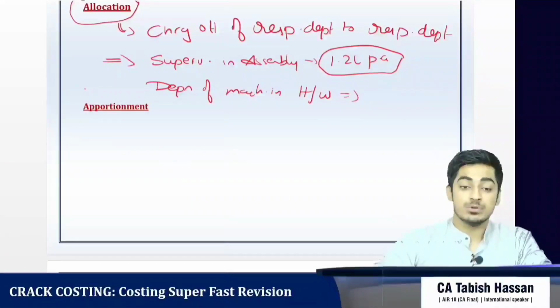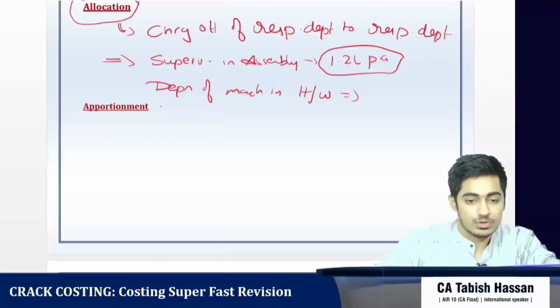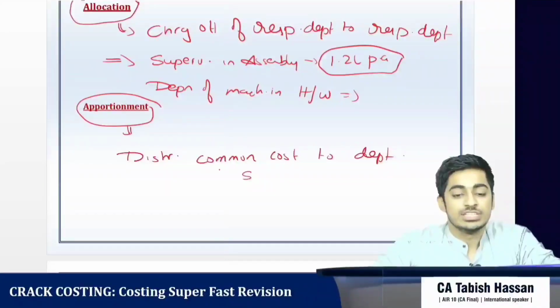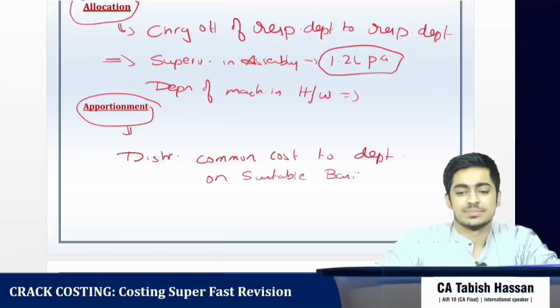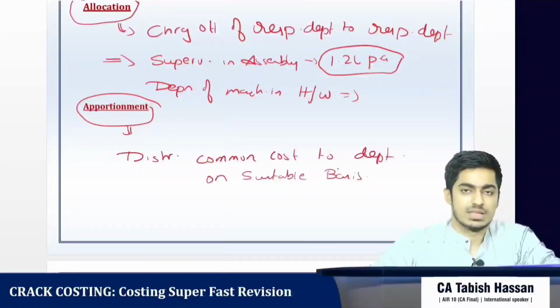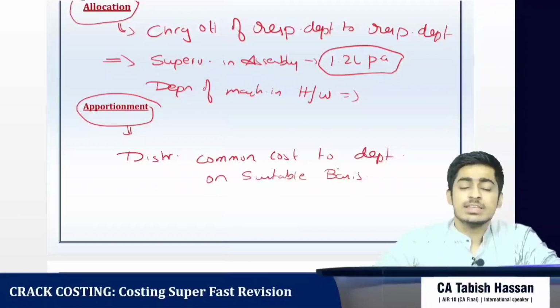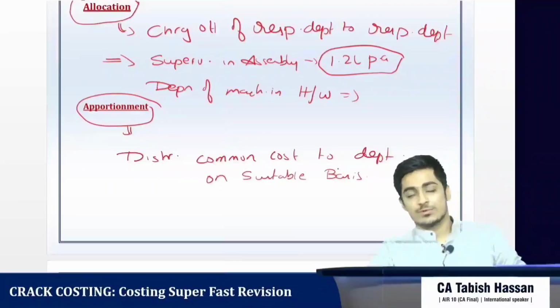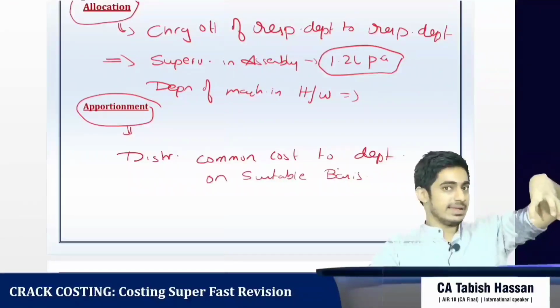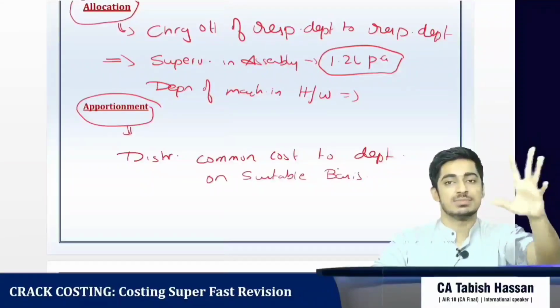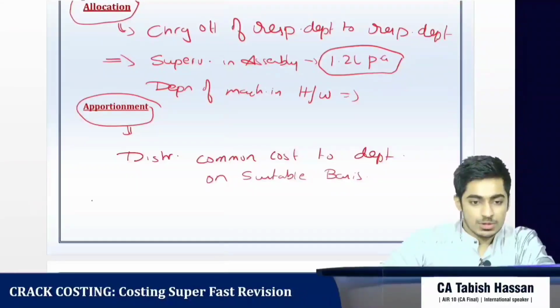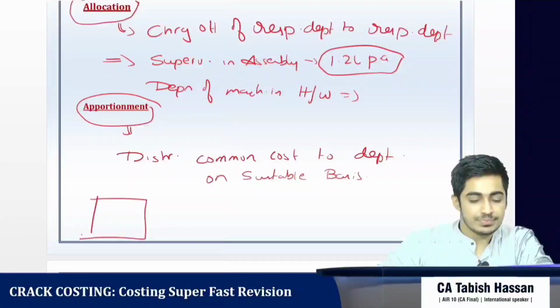Next comes apportionment. So what do we do in apportionment? We distribute common cost to the departments on a suitable basis. In allocation, I told that for assembly we've got a separate building. So we are paying rent for that building, that would be directly charged to the assembly department. But now we have a common building.